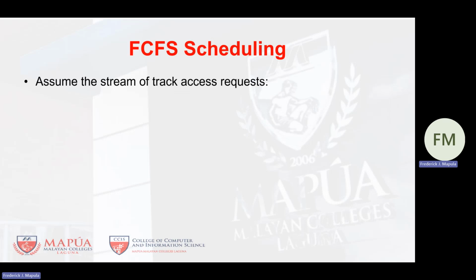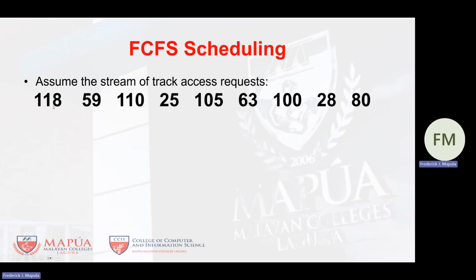Okay? So for example, assume the stream of track access requests. These are our access requests: 118, 59, 110, 25, 105, 63, 128, and 80.